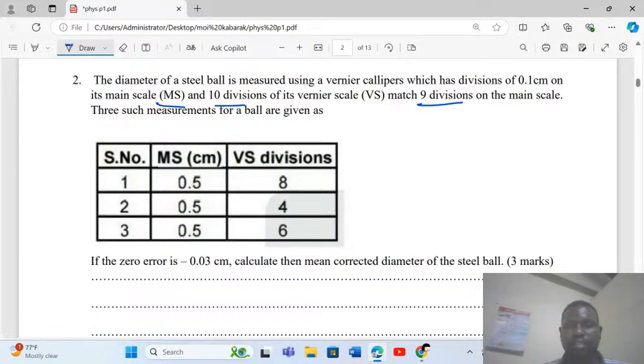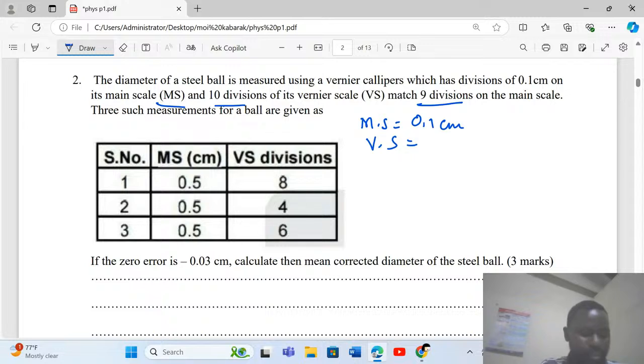In this case, the first thing we are supposed to calculate is the least count. From the main scale, we have 0.1 centimeters. Then from the Vernier scale, we are told we have 9 divisions matched by 10.